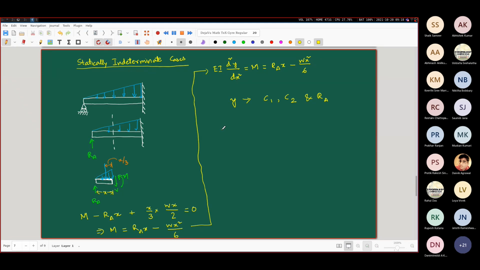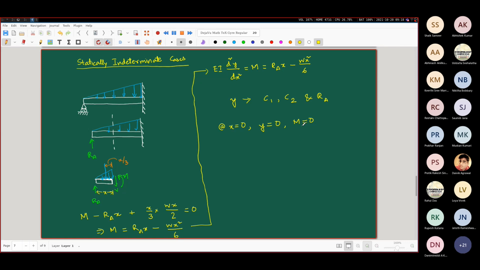Sir, about the pin joint, we'll get y equals 0 and M is 0, considering x equal to 0. Okay, so at x equal to 0, y equal to 0 together with M equal to 0. But let us not forget that whether this is statically determinate or indeterminate, your beginning governing equation is this second order differential equation.